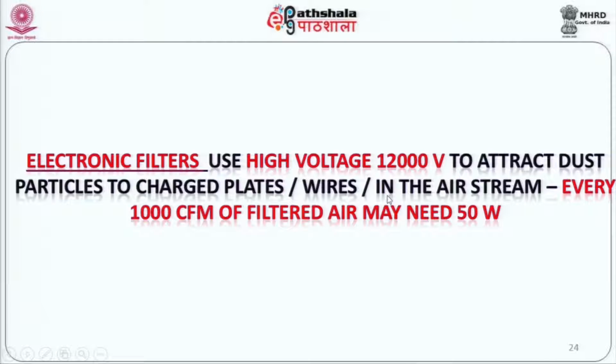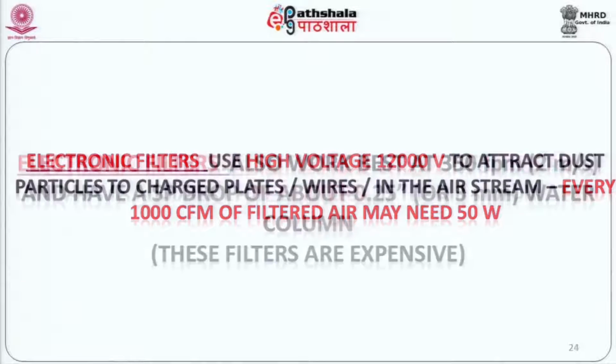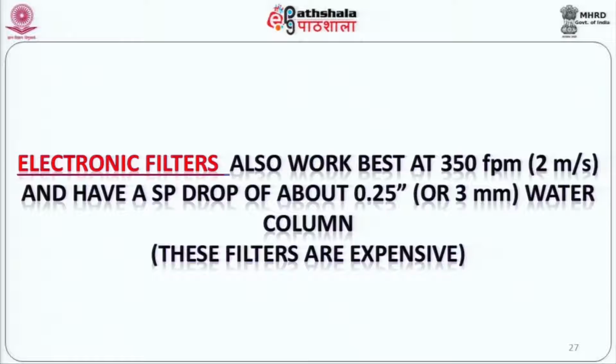So these are called electronic filters. These are also used, but have limited use because they consume power and are prone to causing accidents, so they have not become as popular as the dry and viscous filters. The electronic filter also works best at the same parameters, 350 feet per minute, and they generally develop the same static pressures as the earlier filters.